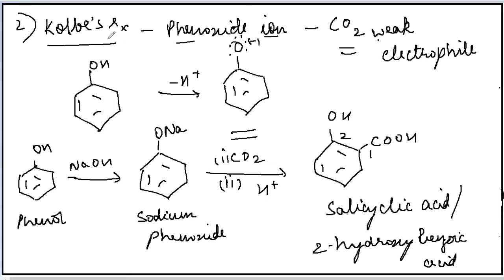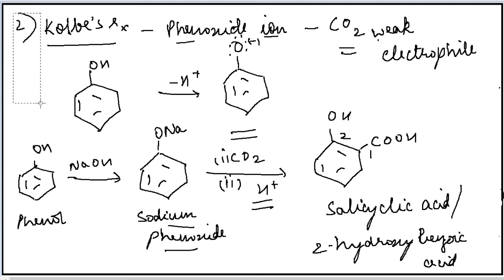So this is Kolbe's reaction, in which the phenoxide ion undergoes electrophilic substitution reaction with the weak electrophile. The first step I have explained is the formation of sodium phenoxide, then the electrophilic substitution reaction followed by acidification, giving you the final product, salicylic acid.